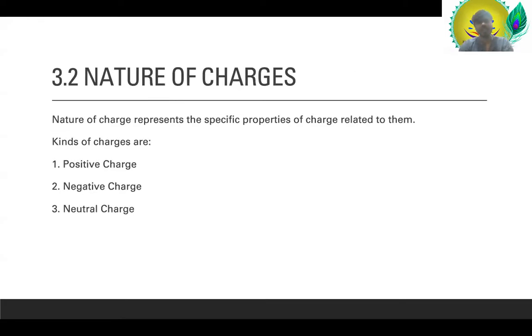So first we will study the second part, that is, the nature of charges. The nature of a charge represents the specific properties related to it. When you study the book, you will come across different experiments which led to the discovery of different types of charge. First of all, we discovered charge. Then we discovered that some groups of charge have some different properties and other groups have other properties.